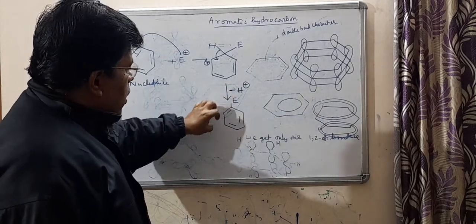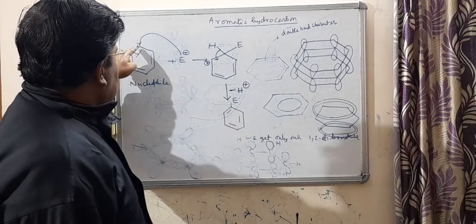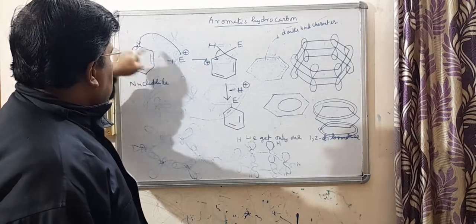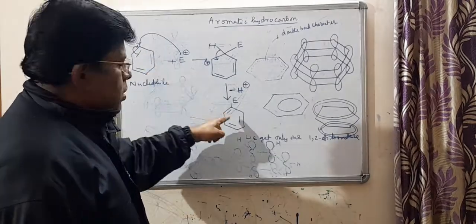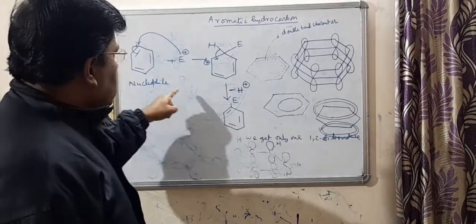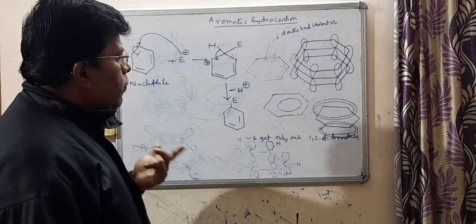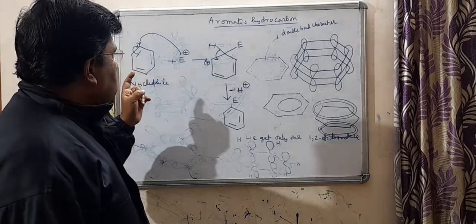So this is a substitution product. You can see what has happened here is that this H has gone out and in its position E has come. So it is a substitution reaction. Now substitution reactions can be of two types: nucleophilic substitution reaction and electrophilic substitution reaction.